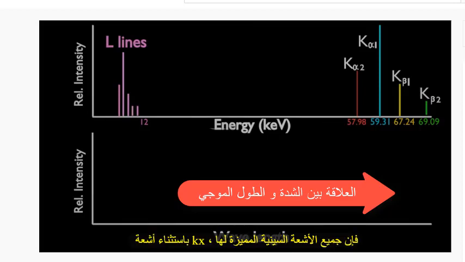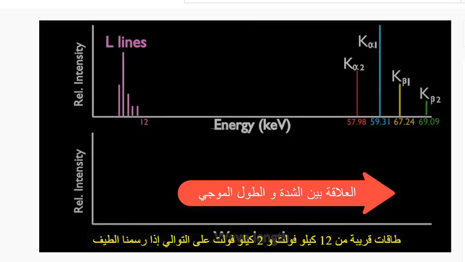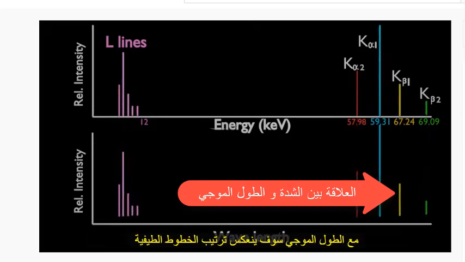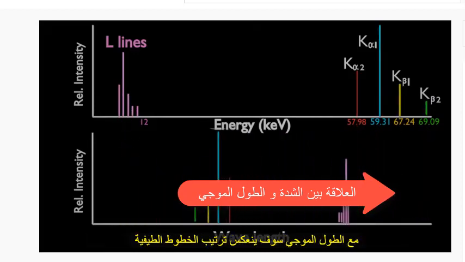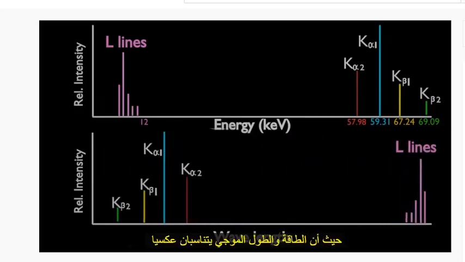Except for K X-rays, all of the characteristic X-rays have very low energies. L and M spectral lines of tungsten are of energies near 12 keV and 2 keV respectively. If we draw the spectrum with wavelength, the order of spectral lines will reverse, as energy and wavelength are inversely proportional.